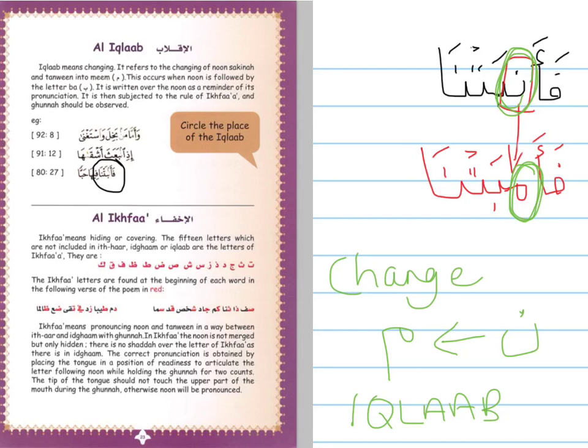So if you look at this example here, the way we recite this, إِذِ انبَعْثَ أَشْقَاهَا, is إِذٍ instead of إِذٍ بَعْثَ. So the N gets changed to an M. And in this example here, وَأَمَّا مَنْ بَخِلَ وَاسْتَغْنَى, the N gets changed to an M. And that's it. That's Iqlaab for you.